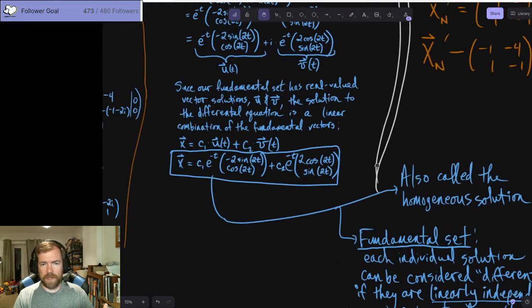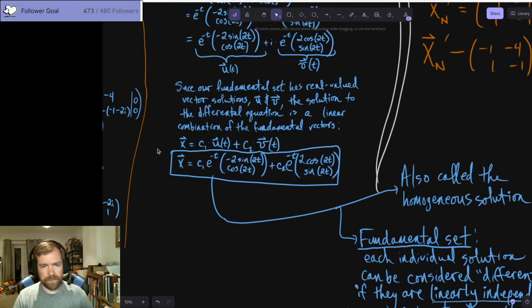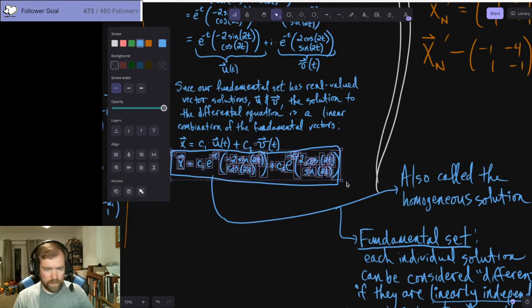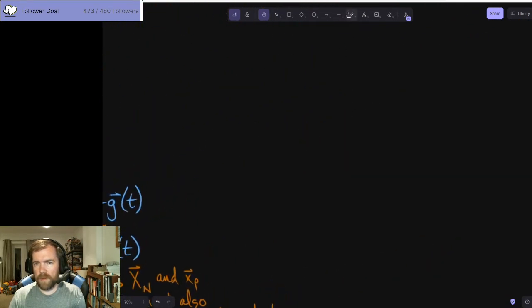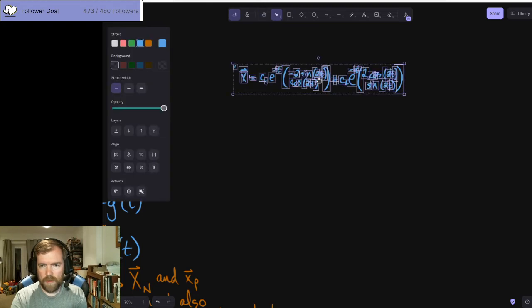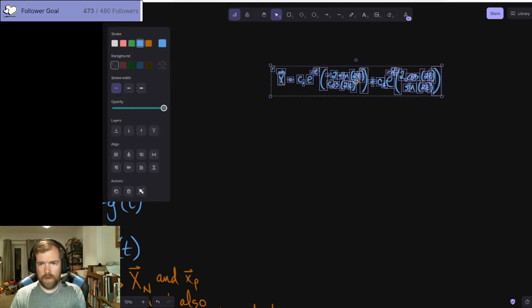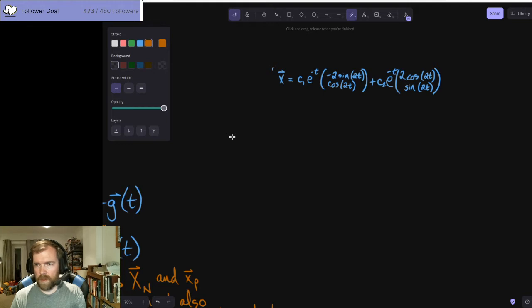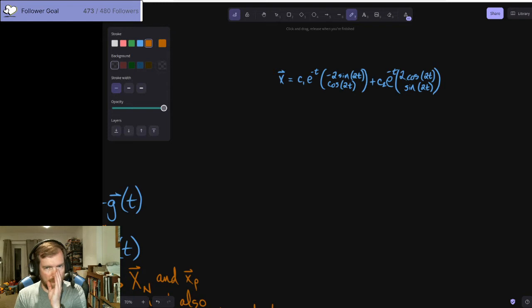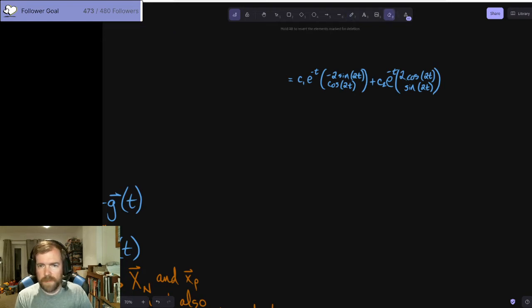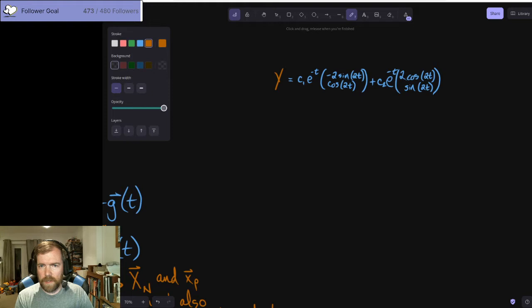Let me copy that over here, and give it the larger x sub n null space solution mark.